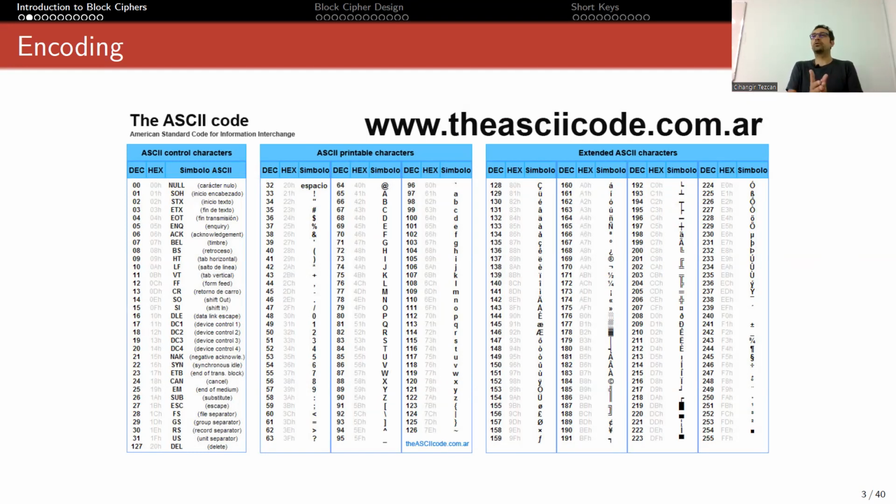If you use 2 bits, 2 to the 2 is 4, so you can represent 4 characters. If you look at the powers of 2, you will realize that the sweet spot is something like 7 or 8, because 2 to the 7 is 128, which is enough. This part of the table is 2 to the 7, which gives you 128 characters.